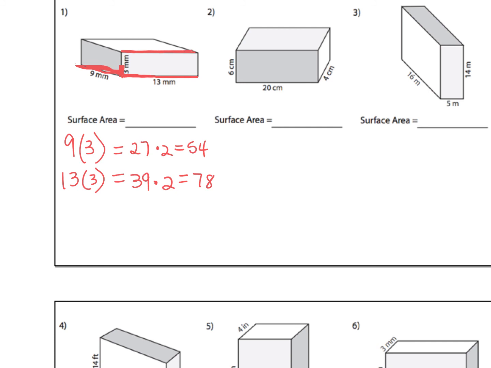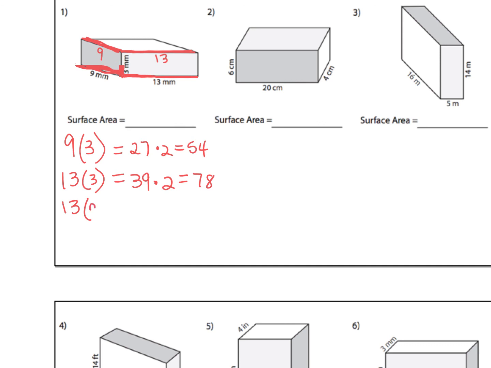And this one doesn't have a number, but it matches that bottom edge. So that means it's 13. And then this side right here, the adjacent side, doesn't have a measurement either, but the line below it means it's equal to that, so it's 9.